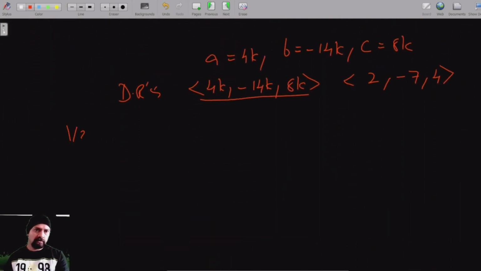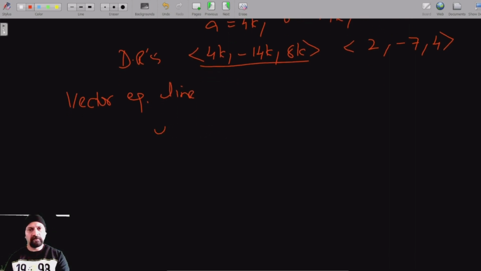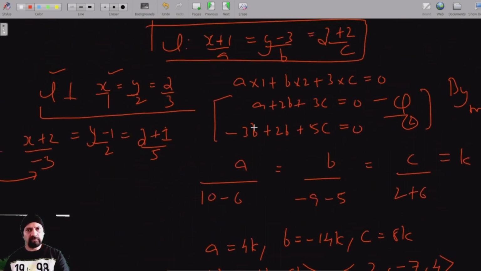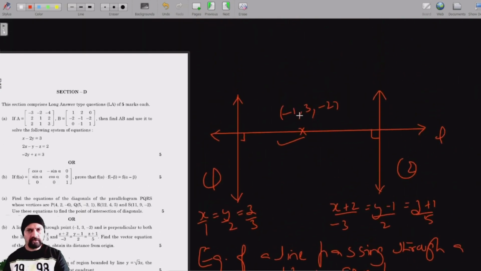So now it's been asked in the question to find the vector equation of the line. So the vector equation of the line is r vector is equal to a vector plus lambda into b vector, where a is the position vector of the point through which this line is passing.